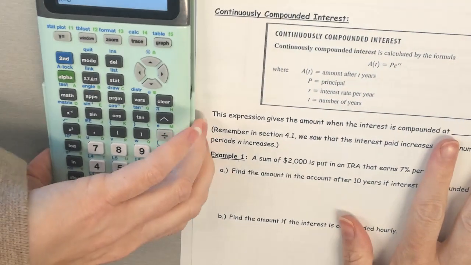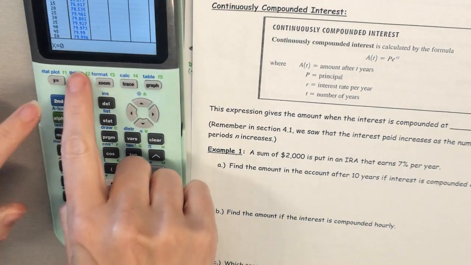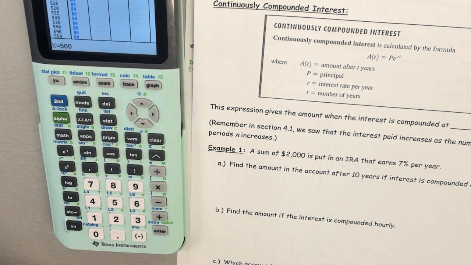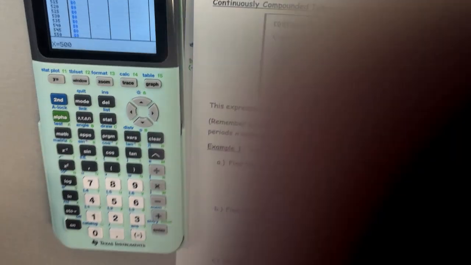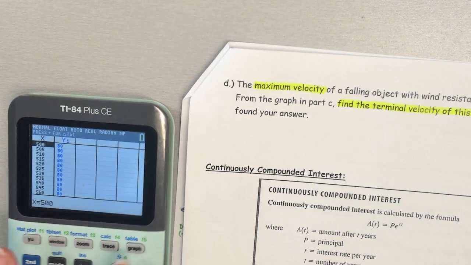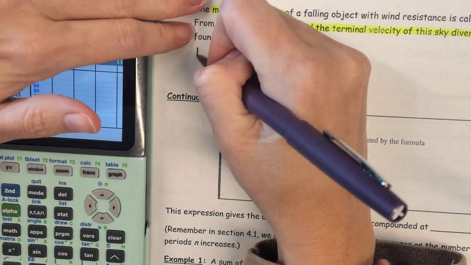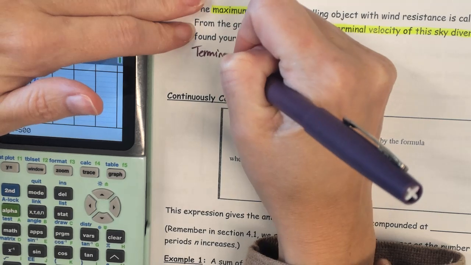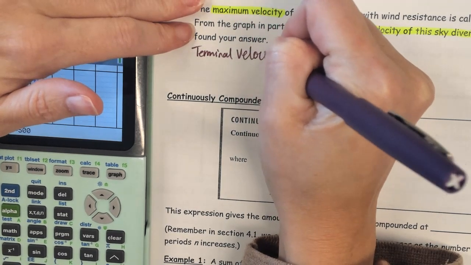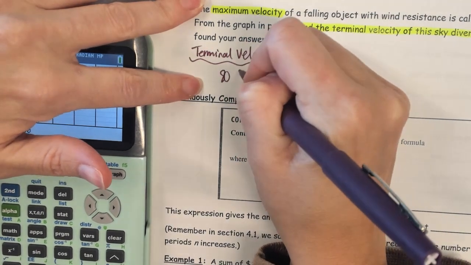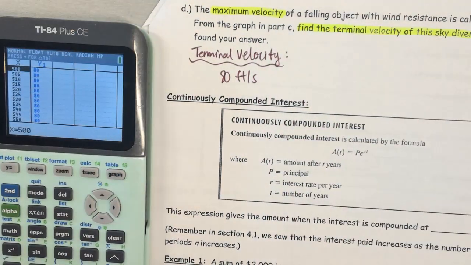You can go to your table, and once you go to a really large value in your table, you can see the value it's approaching. So your terminal velocity is 80 feet per second.